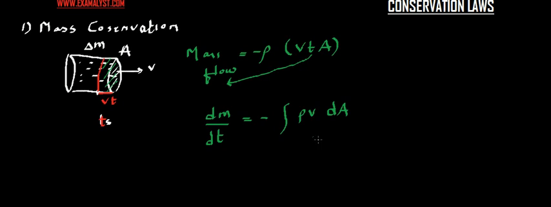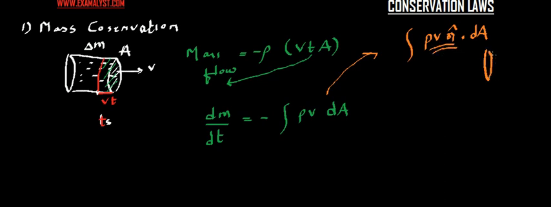Actually this object can be written in a more complicated way. It should be written as rho v n cap dot dA, where n cap is the direction of the velocity. This is a more precise way of writing, because if your area is like this and the liquid is flowing at a particular angle, then the flow of liquid will be given by this.